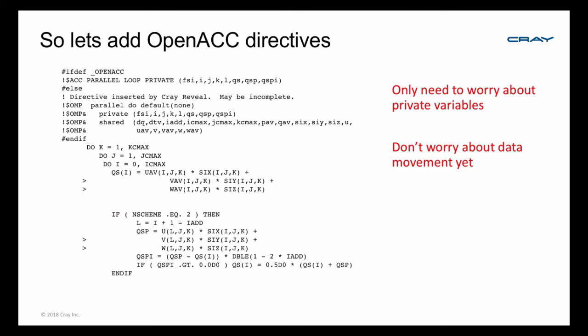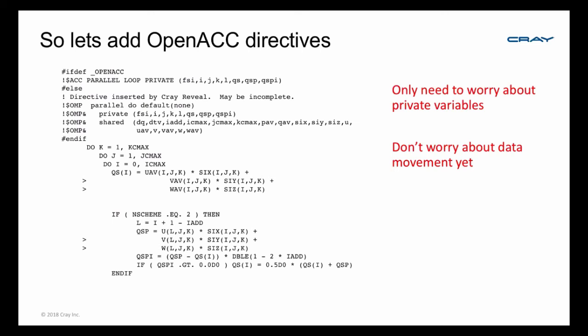Now, I'm looking at one of those loops, and what I did is I said, okay, I'm going to put in OpenACC, and that's all I have to do to get this loop to run on the accelerator. All I have to do is put that one directive on there. And all I have to do is scope private. I don't want to deal with shares.